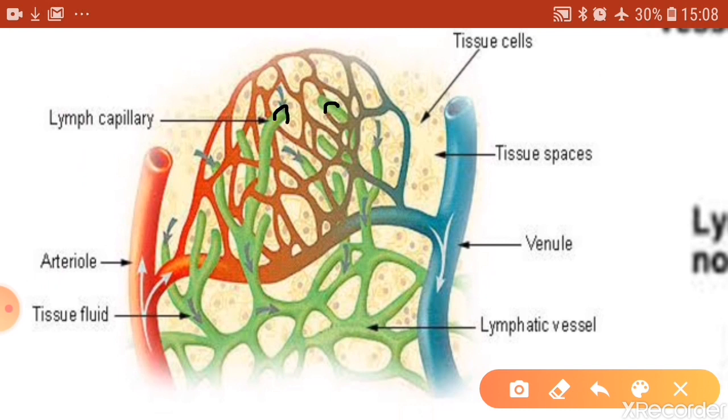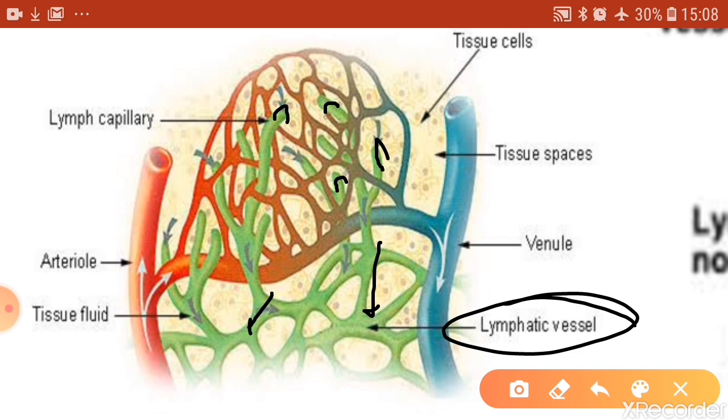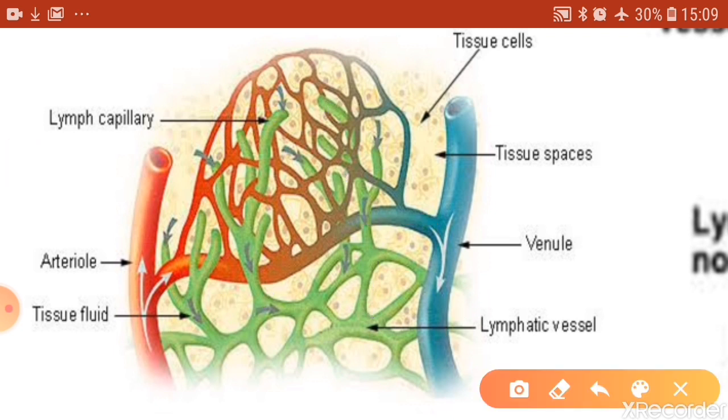On the other side, these lymph capillaries are connected to larger vessels which are called the lymph vessels. So blood capillaries are connected on both sides: one side to arteries, and after forming the network of capillaries, the other side to the veins. But lymph capillaries in the tissue region have a blind ending. Here you find there is a blind ending present.